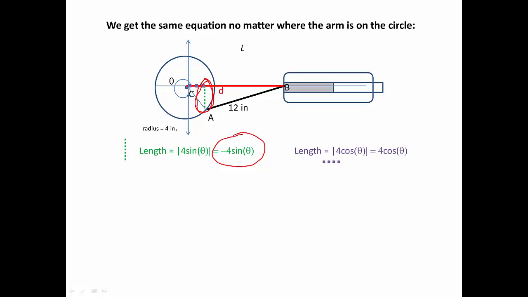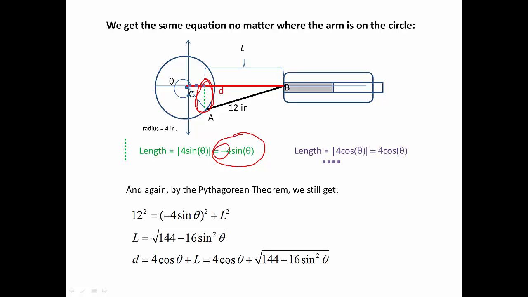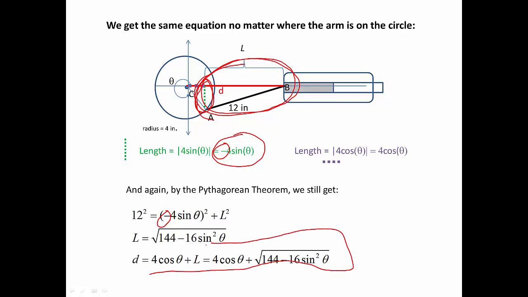So if you want the length to be positive, you've got to put this negative in front. But that doesn't really change anything because when we do our right triangle Pythagorean theorem with this triangle over here, the negative on the 4 sine theta will get canceled. So every other part of the picture is the same, and we end up with the same equation.